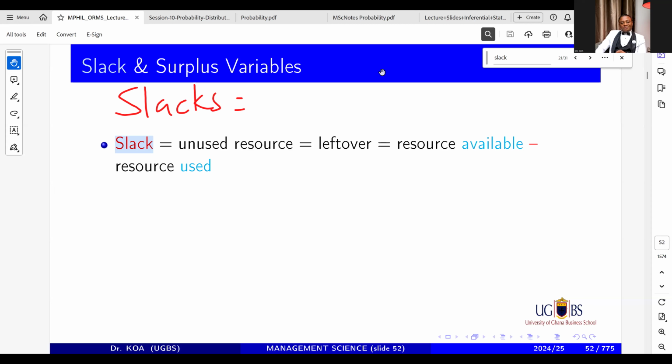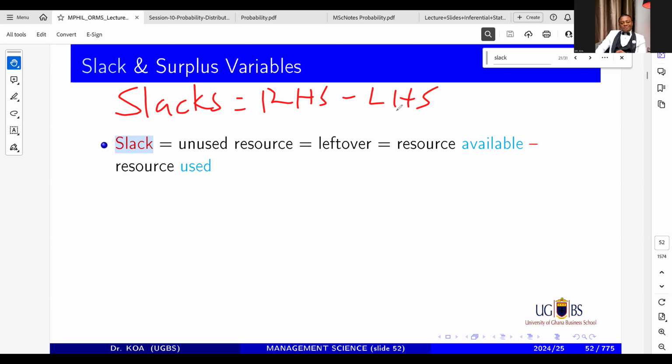They are also called the right-hand side minus the left-hand side of the constraint. Normally, you want the resources to be fully used, but because of inefficiency, some people don't use all the resources. What is left is called slacks.